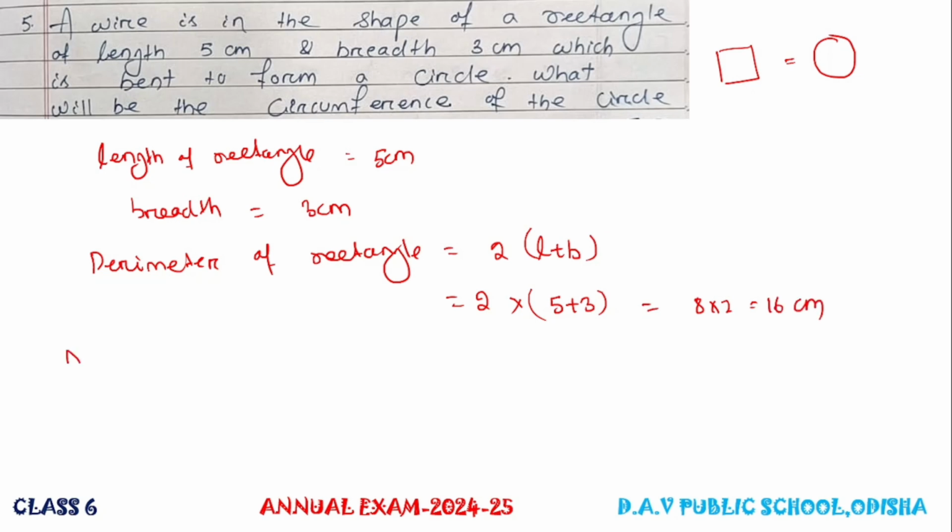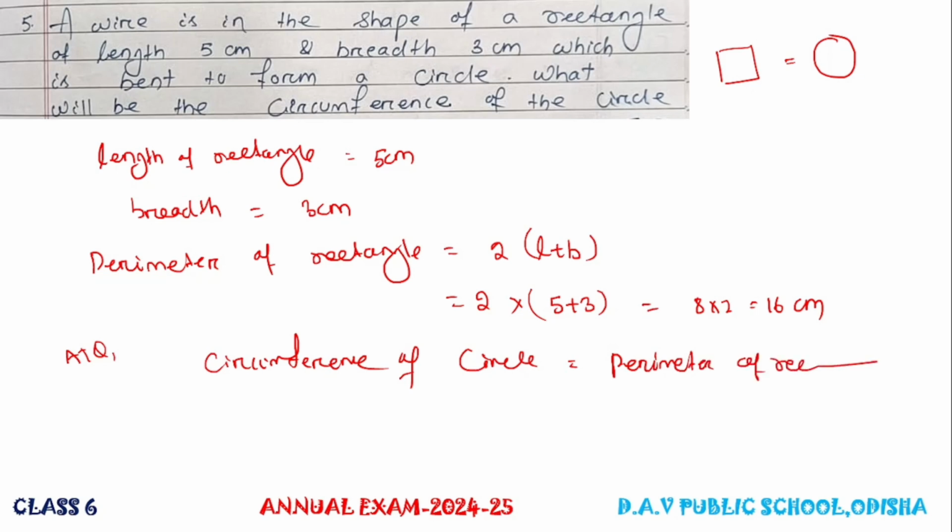Now according to the question we can write circumference of circle equal to perimeter of rectangle. Now perimeter of rectangle is 16. So the answer is 16 centimeter is the circumference of the circle. All of you clear? Next.